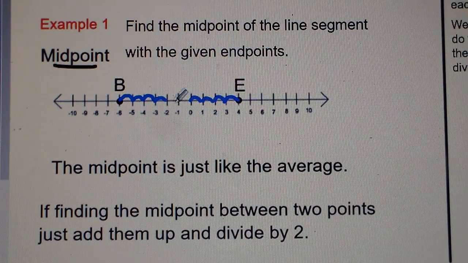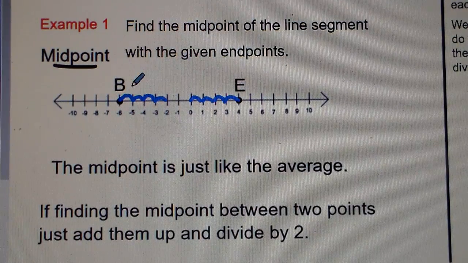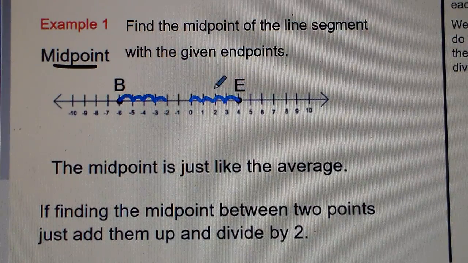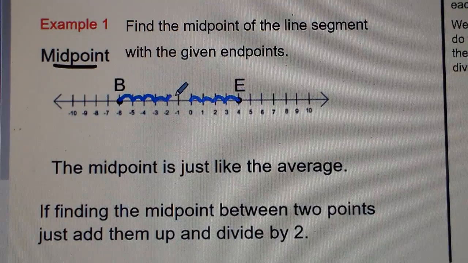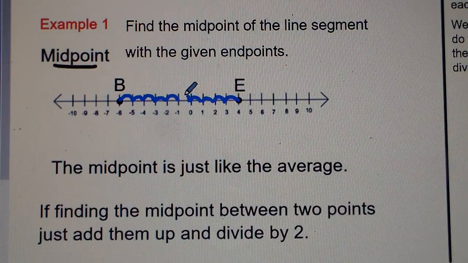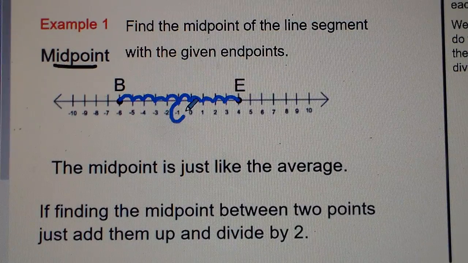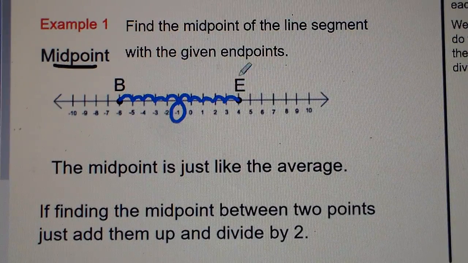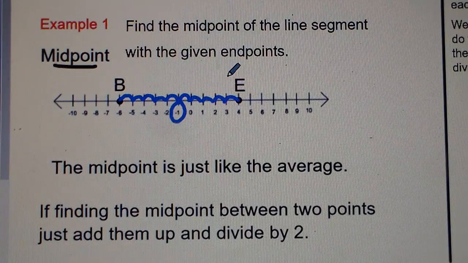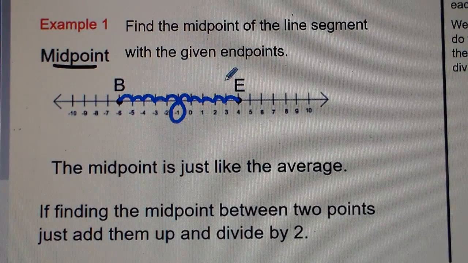So now, we want 4 to the right from B, and 4 to the left from E. If we go 1 more here, and 1 more here, these 2 points meet at -1. That's the midpoint, or the middle, of B and E. That's one way you could solve it.